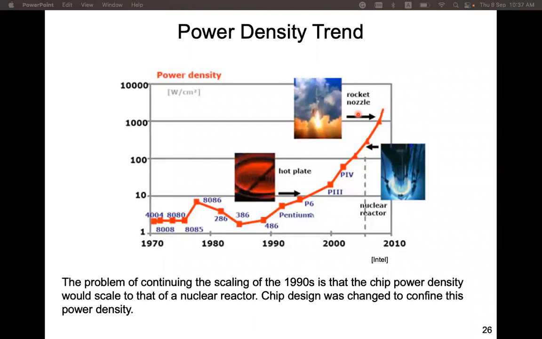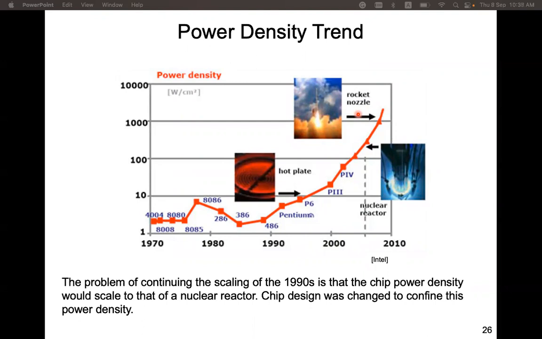And this is certainly not possible. It will be too hot. So at around that time, the clock frequency increasing trend stopped. So the clock frequency has been kept at several gigahertz. So that's the power density trend.